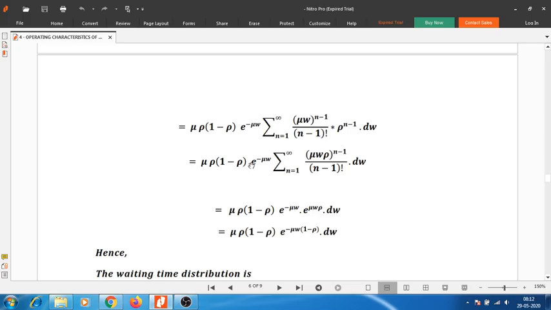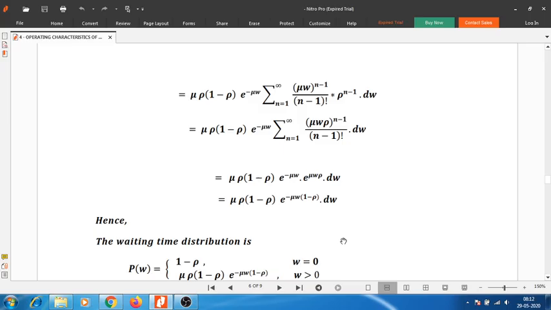So this summation is nothing but the expansion of e power mu w rho. Agree? Yes. Now you can observe it here. E base is common, so taking common minus mu w, 1 minus rho into dw.